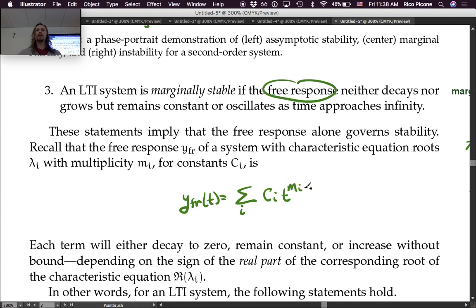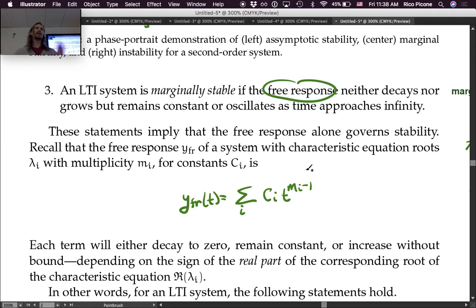Because remember, if you have multiplicity greater than 1 for any of the roots, you have to include in your homogeneous solution another factor, right? T raised to whatever the multiplicity is, minus 1. So if multiplicity is 1, which is the normal case, this comes out to be t to the 0, which is just 1, right?